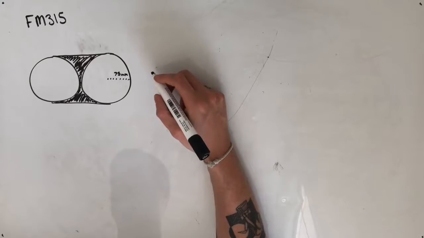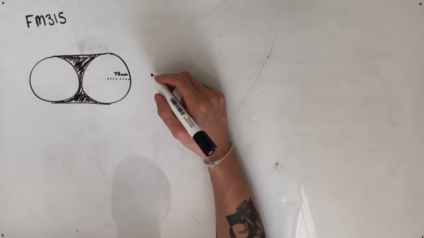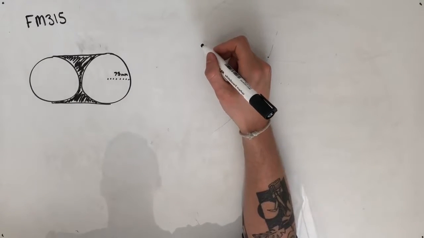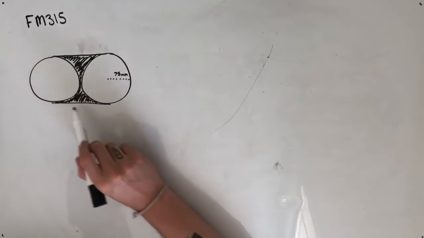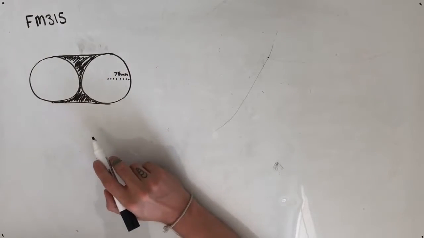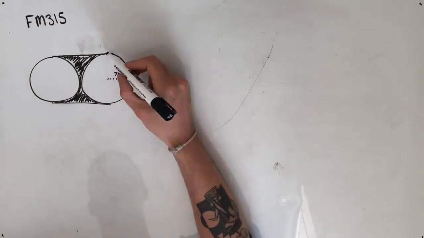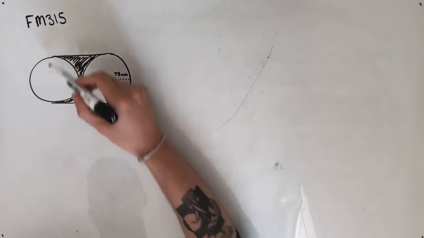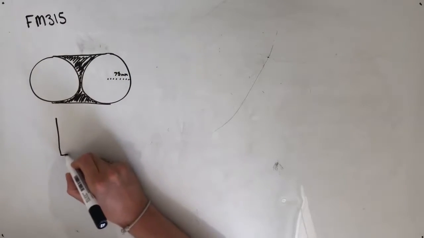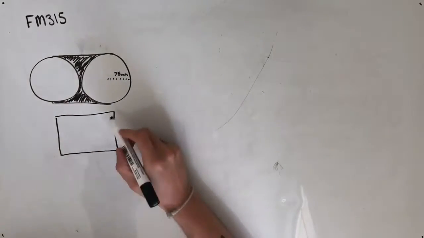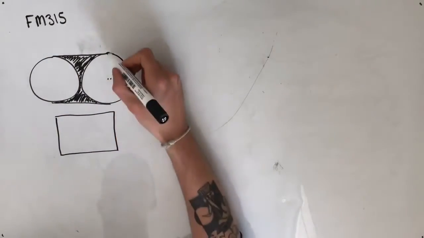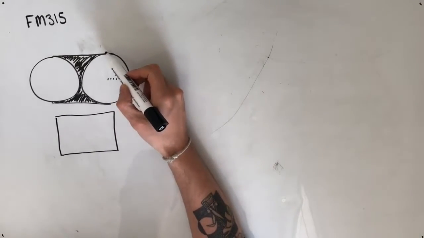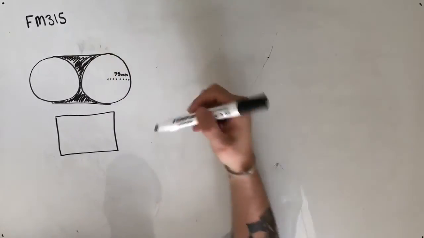So a few important points here. First of all, we want to know what formula or how we're going to set up this question. The easiest way to find this shaded region is going to be to find the area of the rectangle, or in this case square actually, that would make up this intersection here. So if we were to drop a rectangle below, so the corners are the central points of the circles, just where the line connects to the single point on the circle, so right on the outsides there.